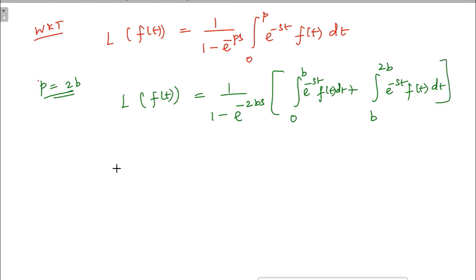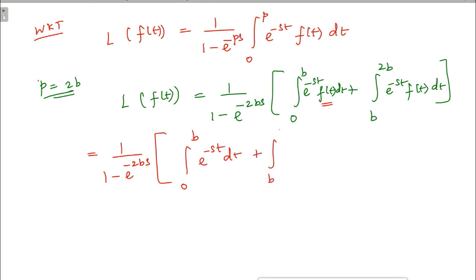Now I am going to substitute. 1 by 1 minus e power minus 2bs, integral over 0 to b. In this interval 0 to b the function is 1, so it becomes e power minus st dt, plus integral over b to 2b.